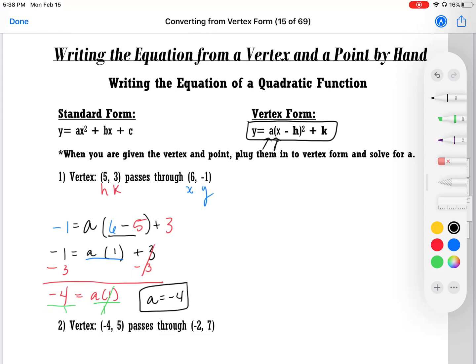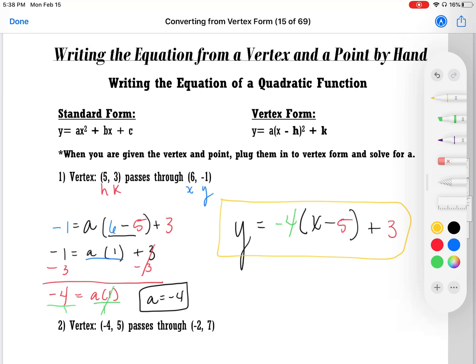So now I'm going to rewrite this in vertex form. So vertex form is y equals, I found out what A is, -4, parentheses, x. I know what H is, the number 5, and then plus K. I know what K is, 3. So this is the final answer.